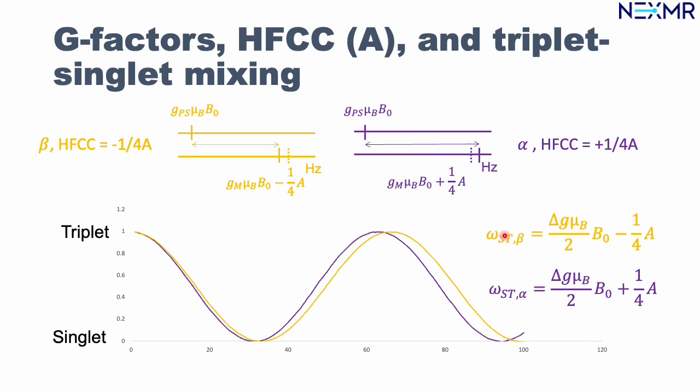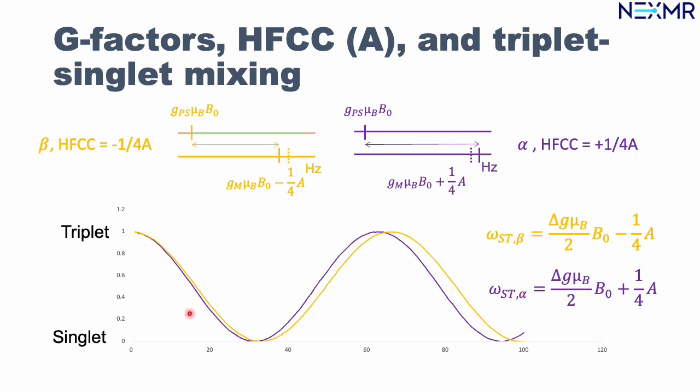So as we saw just before, this translates into a slower singlet-triplet mixing frequency in the case of a beta spin state. And in the case of an alpha nuclear spin state, this results in a higher frequency of singlet-triplet mixing.